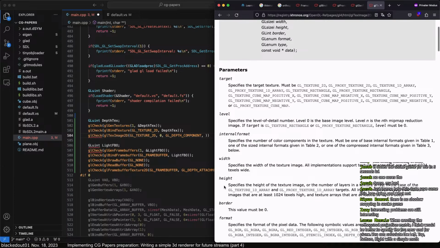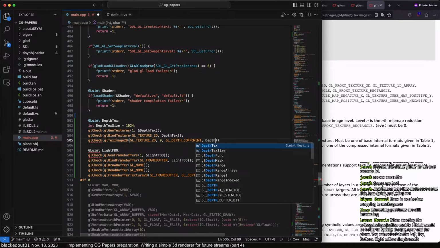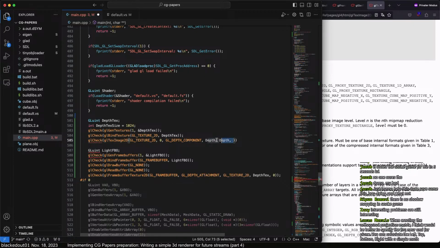And the next thing, we need to specify width and height. So let's just define depth text size, for example, and set this to 1024. I don't think they have to be powers of 2, but I just like this. The texture doesn't need to be the same dimension as the image.